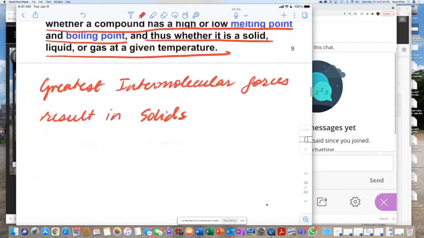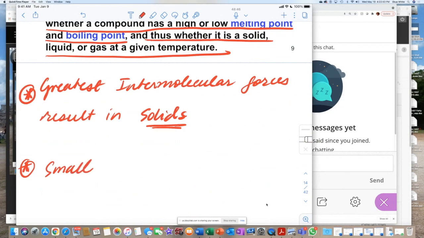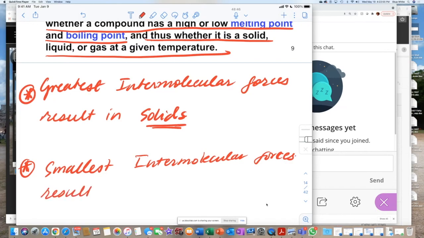Okay, so if you have the greatest intermolecular force, you're going to have a solid. And then the opposite is true. Smallest or least, right? Smallest intermolecular forces result in gases. So the gas phase.